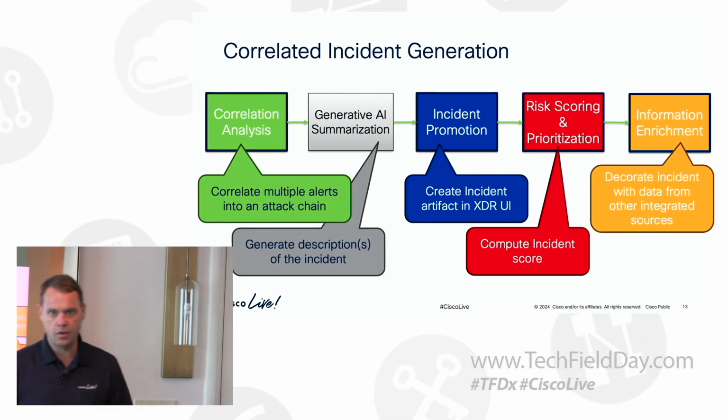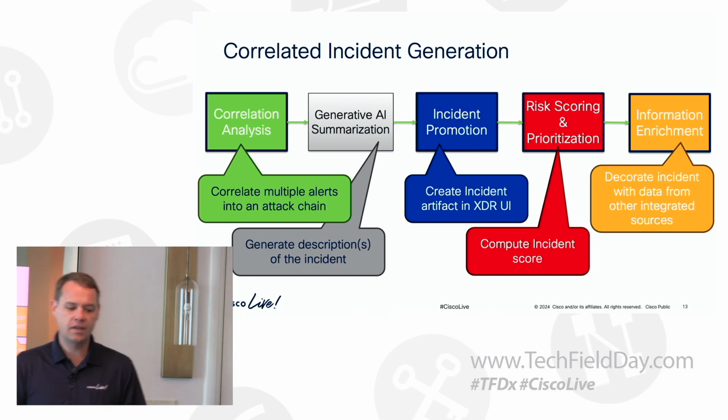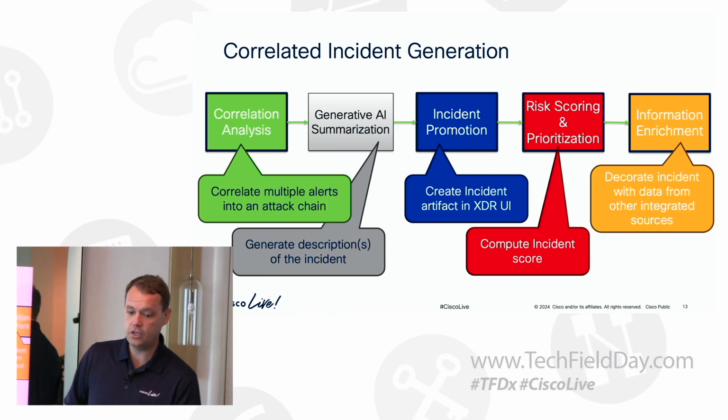An incident is never complete until you mark it as complete. It can continue to have more data put into it as the detection and analytics identify more alerts. And so the risk scoring, which I'll break down in a couple slides, is basically about getting a prioritization queue in the incident UI.